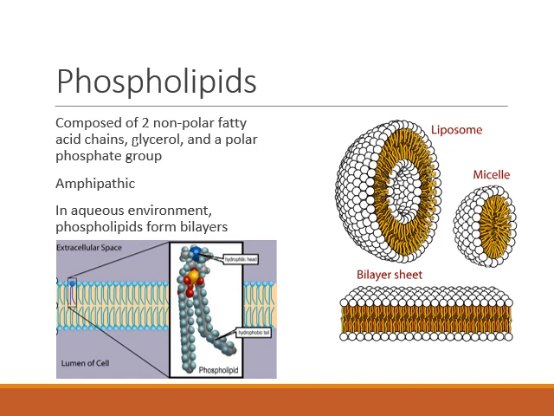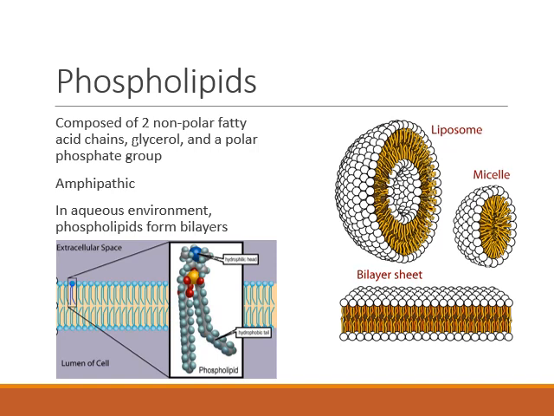Phospholipids have 2 fatty acid tails with lots and lots of carbon and hydrogen. If there's lots of carbon and hydrogen, what does it tell you about that part? Polar or nonpolar? Nonpolar. So how does it interact with water? Hydrophobic. The top side has a positive part and a negative part, which means it's polar. How does it interact with water? It's hydrophilic.